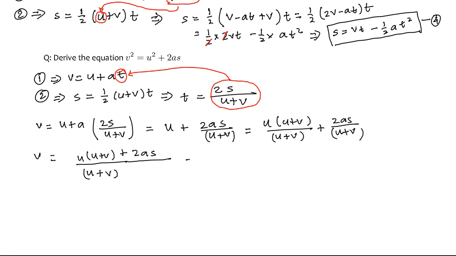Let me multiply both sides by u plus v. Then I will get v times u plus v. So this implies v times u plus v is equal to u times u plus v plus 2as.